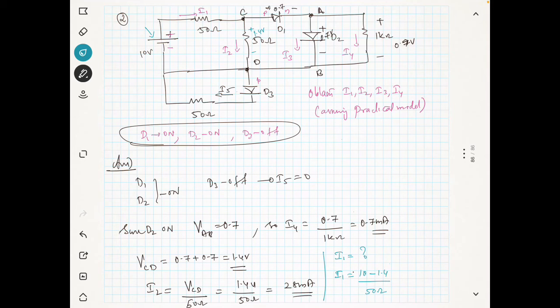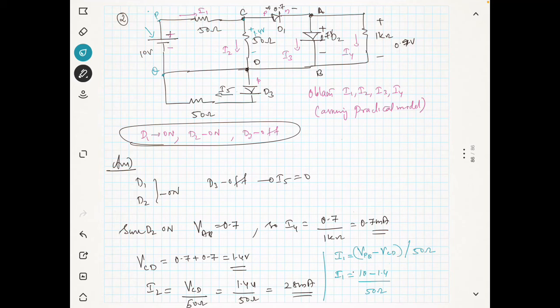Let's say this is P and this is Q, so I1 can be obtained by VPQ minus VCD divided by the resistance of 50 ohms.